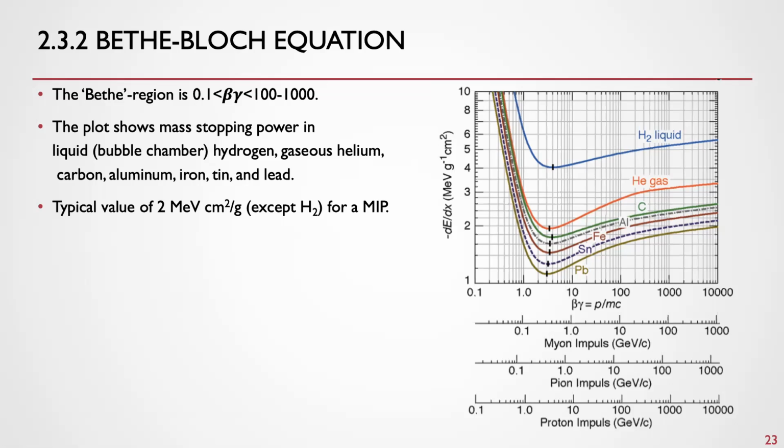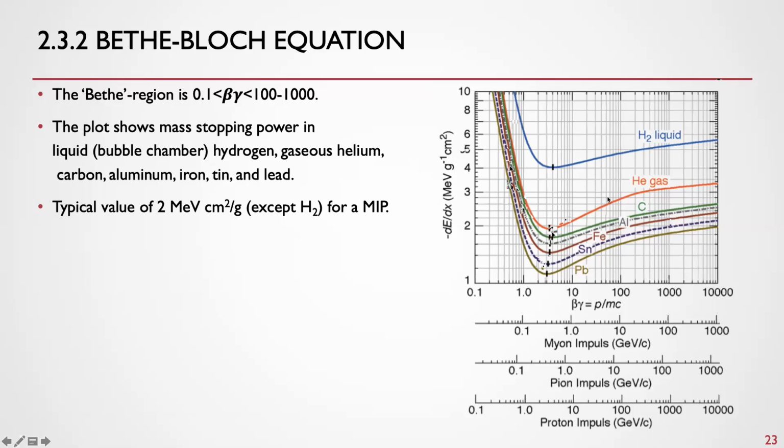But if they are normalized to the density, this leading density effect drops out, and one gets very similar shapes. So these are always the 1/β² terms with slightly different, only very slightly different beta gamma values for the minima, and then the log gamma rise.